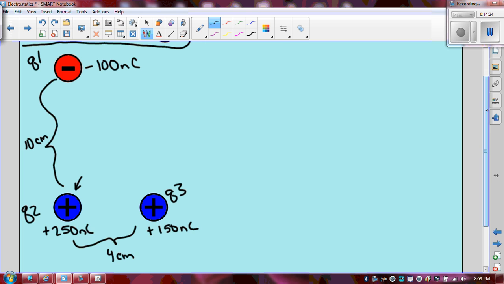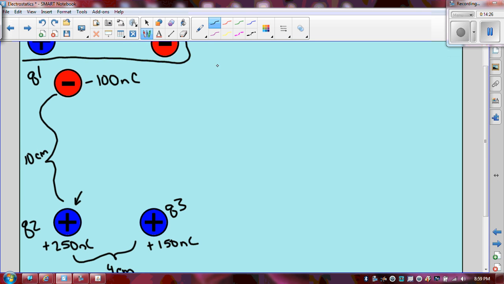So just like always, we need to start out with a force diagram. And so here is Q2 that is represented by that dot. Let's first figure out what is the force that is going to be experienced between Q1 and Q2. So ignoring Q3, Q2 is going to feel attracted or pulled up towards Q1, and so we end up having an arrow going up just like that, and that's going to be, like I said, the force between 1 and 2.